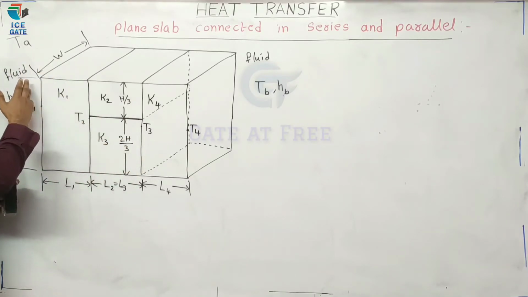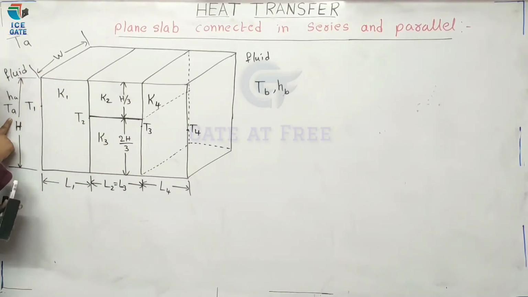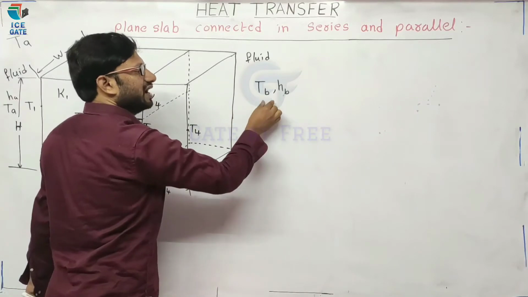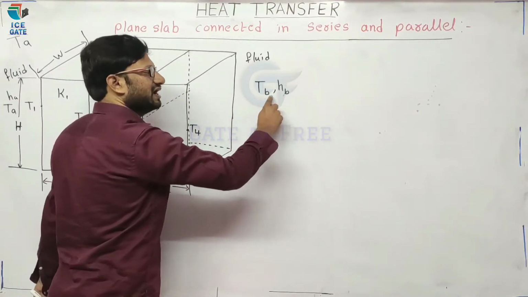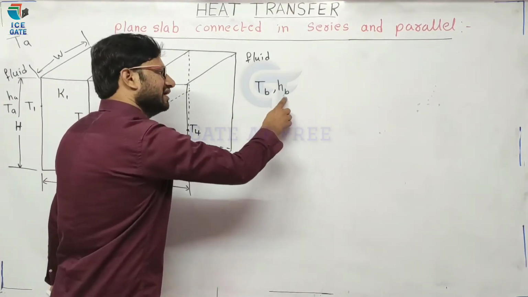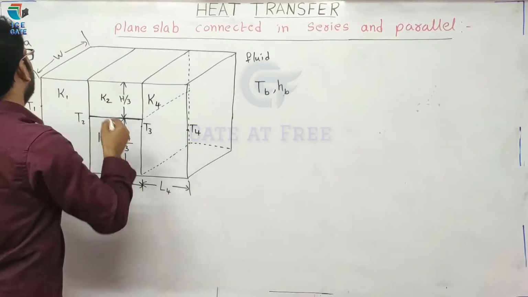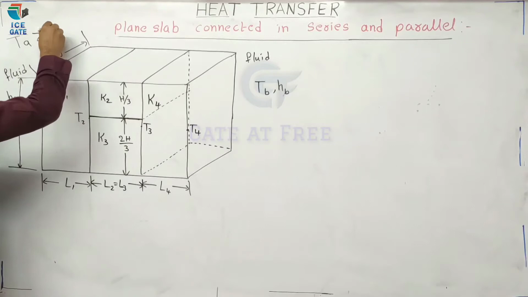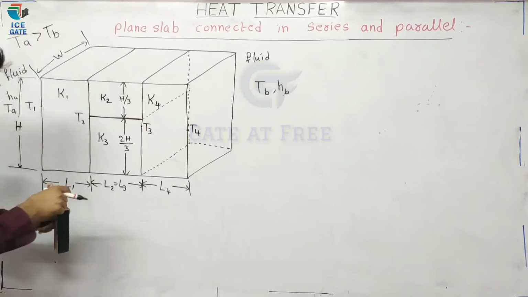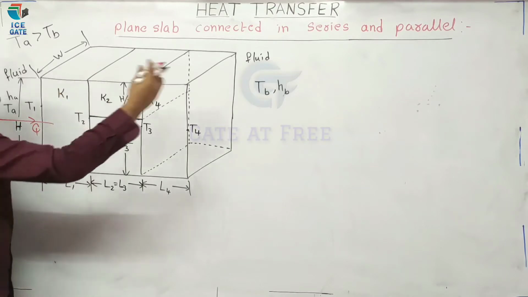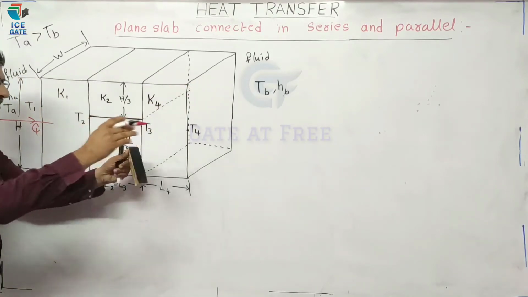On the left side, one fluid having a temperature of TA and convective heat transfer coefficient H suffix A. And the right side is surrounded by fluid having a temperature of T suffix B and convective heat transfer coefficient H suffix B. Say TA greater than TB. Therefore, the heat transfer takes place from TA to TB. Now this is the direction of heat flow.